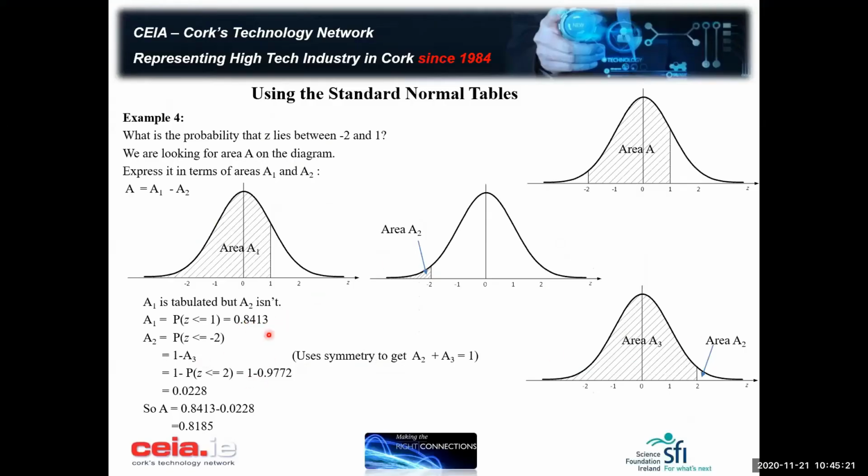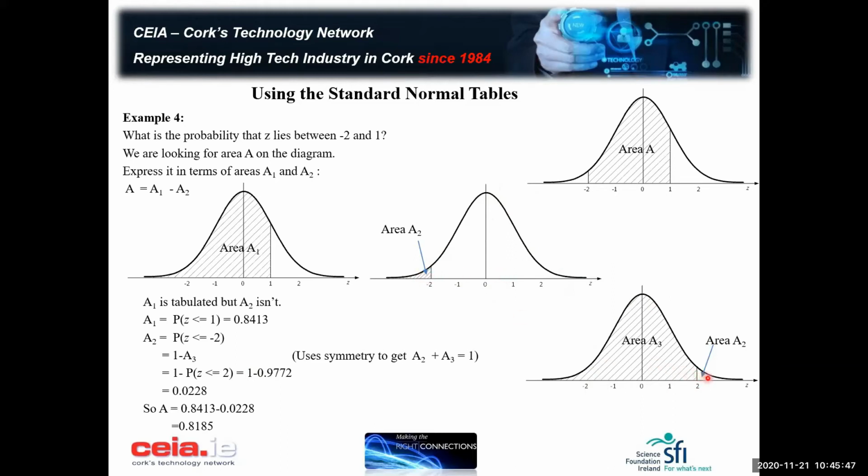A2 isn't tabulated, so we're going to need to use symmetry to find that because it's on the wrong side of the curve. Remember, only values of Z greater than 0 are tabulated. So we use symmetry. We look at this picture instead, and we see that this area A2 is the same as that area A2.